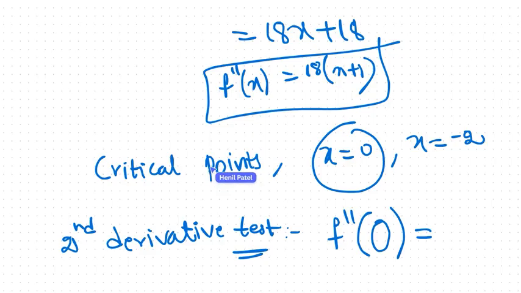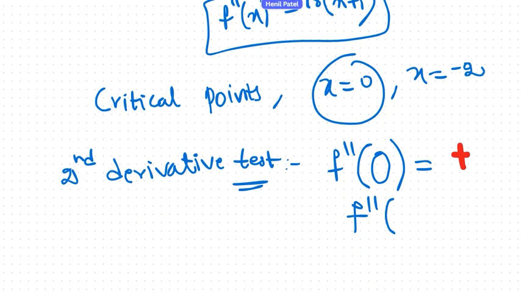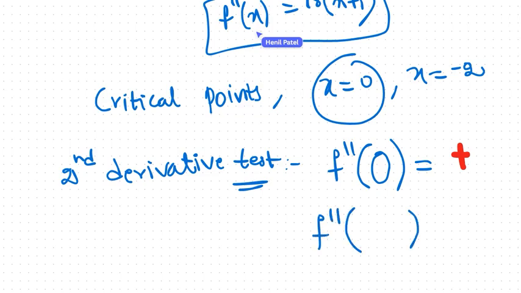Positive or negative? Positive, some positive value. But what about f double dash at the other one? It is 18 times (x plus 1), so you have to plug in the critical points.